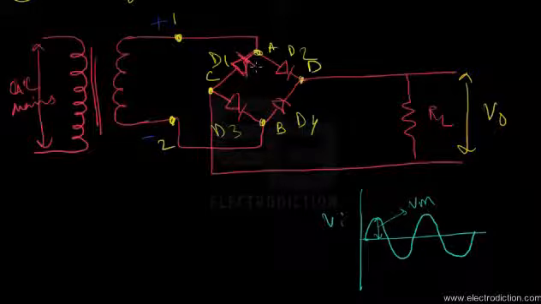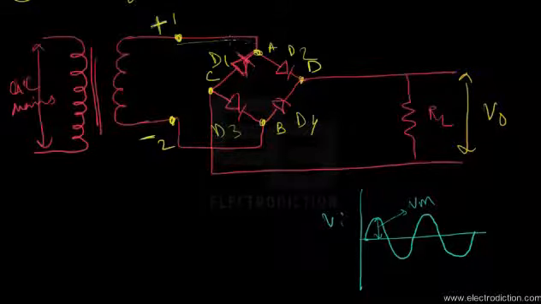Coming back to the discussion, when we have the positive voltage at terminal 1 of the transformer and a negative voltage at terminal 2, this positive voltage falls on node A, which causes diode D2 to be forward biased, since it has a positive voltage on its anode. At node B the negative voltage falls, and therefore diode D3, having a negative voltage on its cathode, becomes forward biased and begins to conduct.